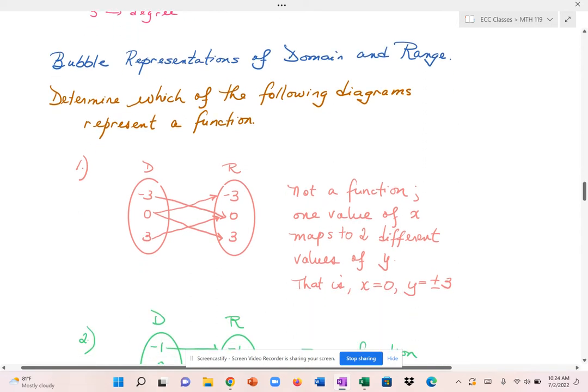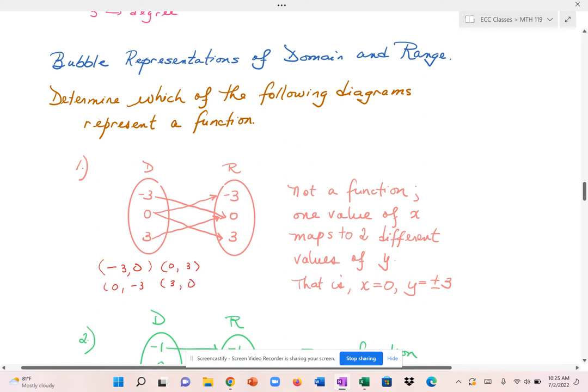You can see here that when x is -3, my y is 0 because it's pointing to the 0. So that's one point here. When x is 0, my y is -3. But there's 2 arrows coming out of 0. So when x is 0, y is also 3. And when x is 3, y is 0.